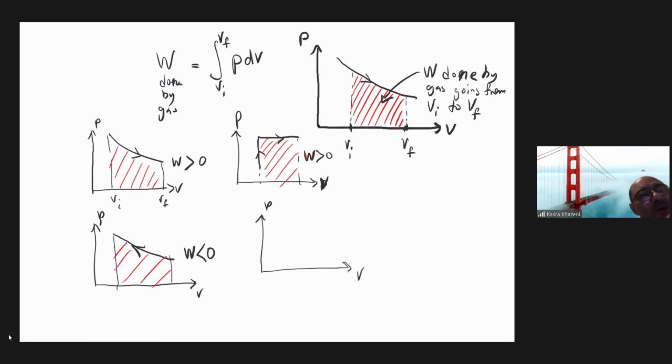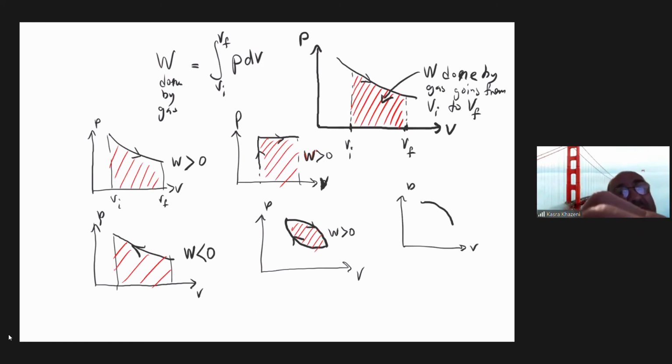You can go like that and then come back. All right? Now this amount of work is still positive because that's the amount of work the gas has done. So you can see, graphically, you can tell a lot by just looking at the plot, and they're going to do a lot of that for you. So be careful.